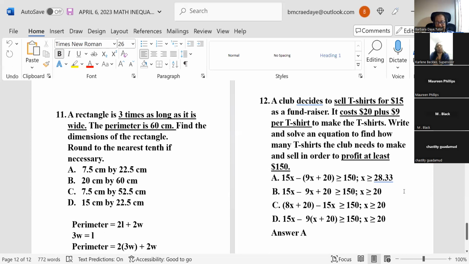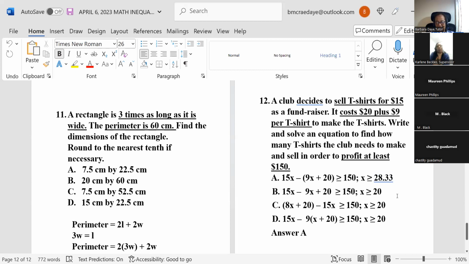Answer A. The catch that was missed from B to D: I had a 20. That's the mistake. So the number of t-shirts to make at least that profit has to be at least 28, because you don't have part of a t-shirt.